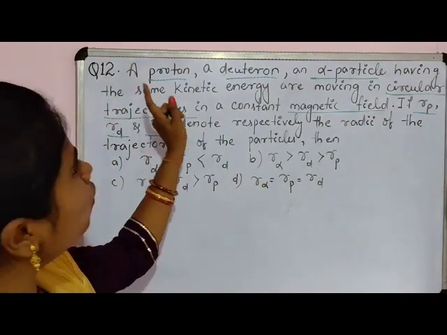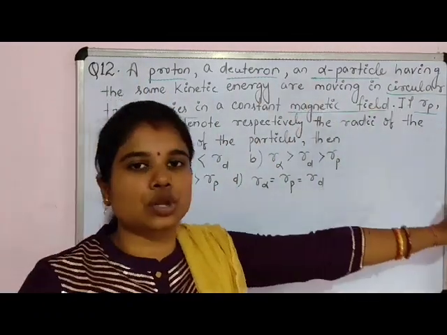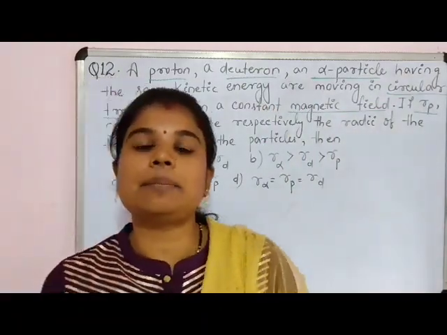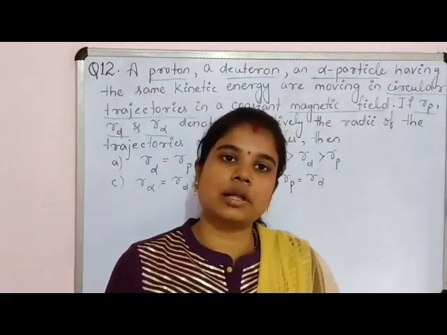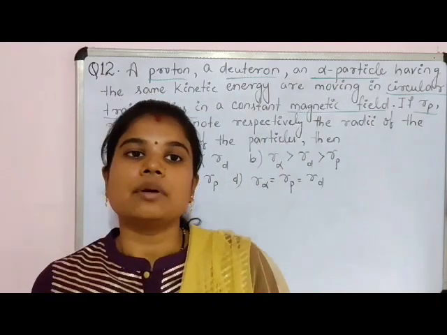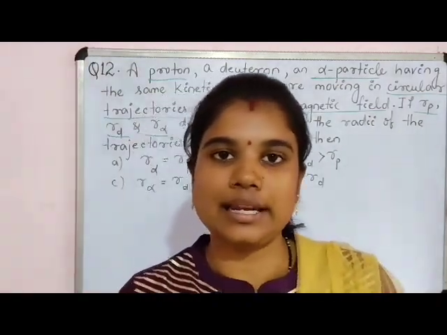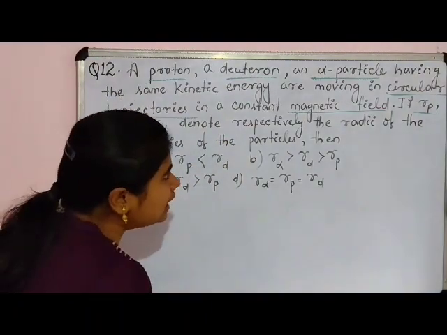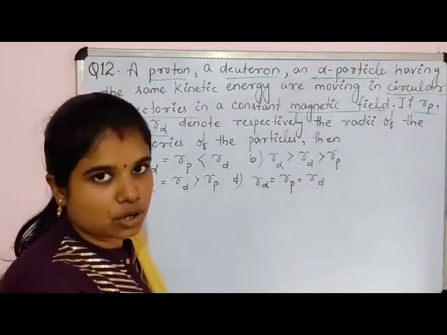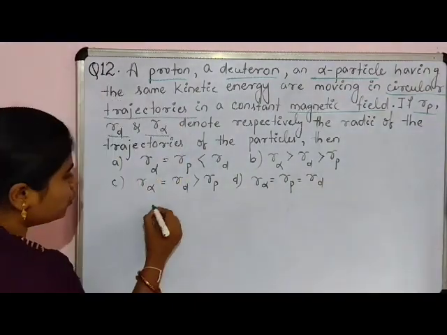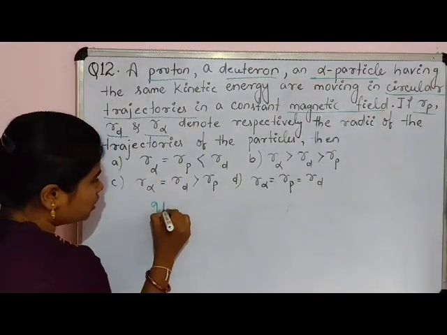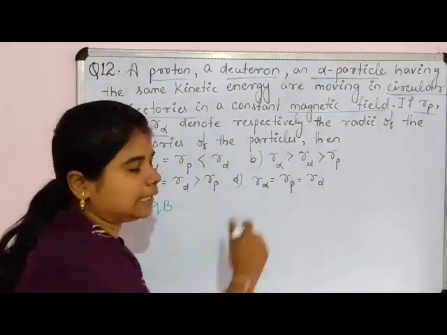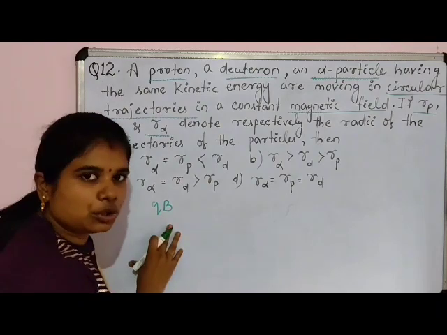It is saying that all the three particles are moving in circular orbits in a constant magnetic field. That means the particles are moving in a circular path because of the magnetic force acting on them, right? So we can say the magnetic force is letting the particles move in that circular path. So the magnetic force acting on each charged particle, whether it is proton, deuteron or alpha particle, is equal to QvB.